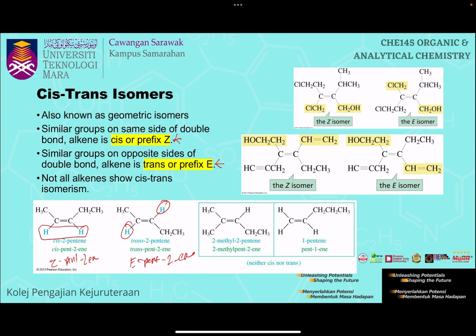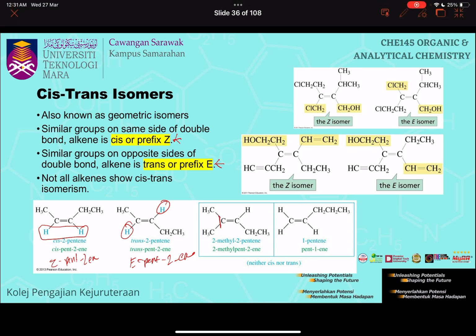So when do we know we need to identify if it's cis or trans in the naming? Pay attention to the double bond. Is it in the center of the diagram? If it is in the center of the diagram, then yes, you have to put the cis and trans.